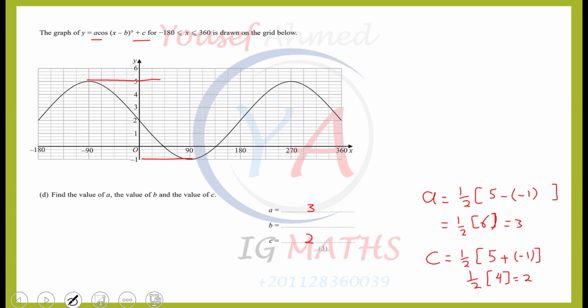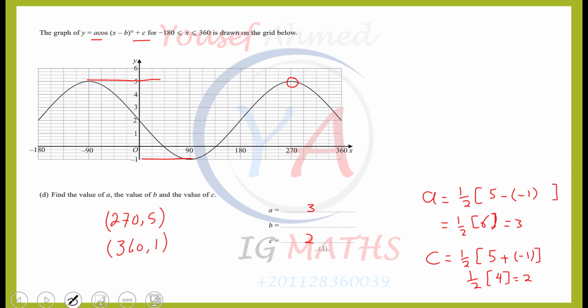Regarding b now, take for example the point 270 and 5, which is a maximum point. Let's see what was the maximum point for the original cosine. For this one, it was 360 and 1.